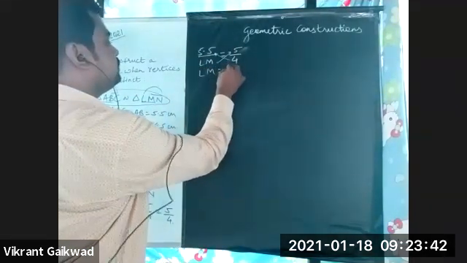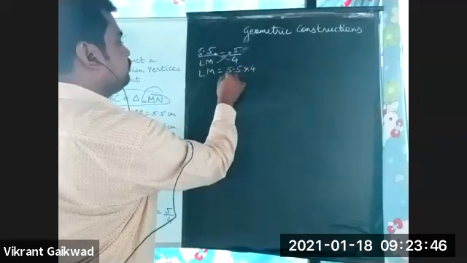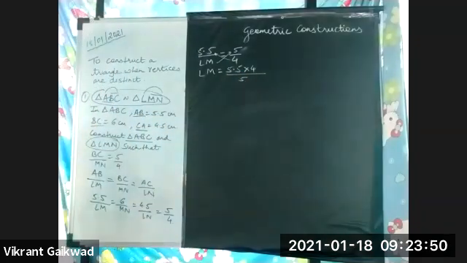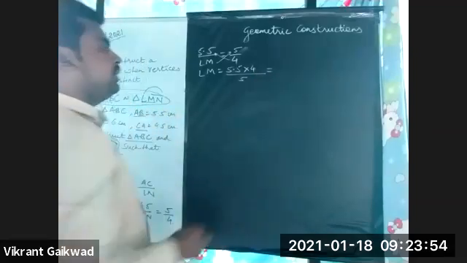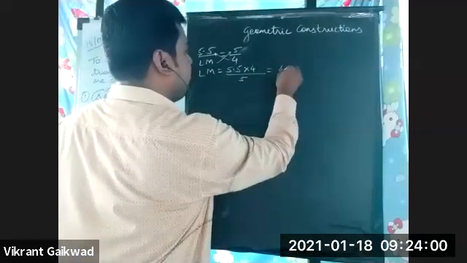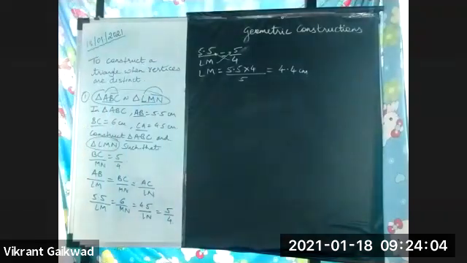So LM equals 5.5 into 4 divided by 5. After calculation, I'm going to get LM as 4.4 centimeters. Is this clear to all the students?